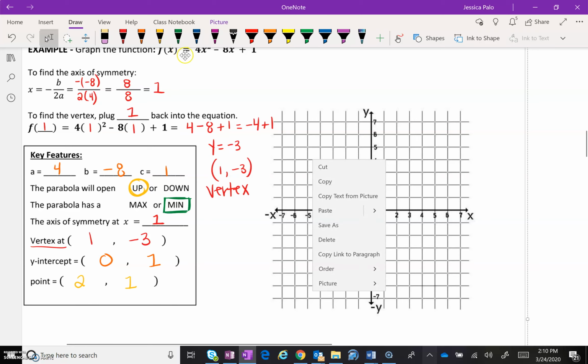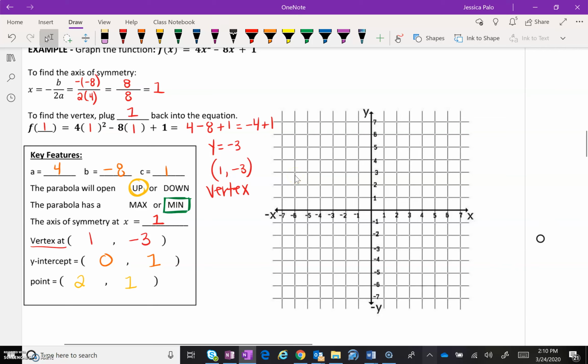So let's graph all of these parts. We'll start with our vertex, (1, negative 3). We know our vertex is a minimum. Now let's graph our y-intercept, which is (0, 1). There's our y-intercept.